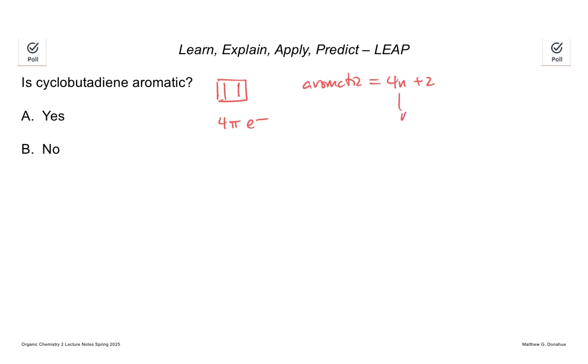So n must be an integer. So, just looking at it, it sort of obeys some of the requirements. It's planar. All the carbons are sp2, it's flat, there's no break by an sp3 hybridized atom. But then as we'll see, the electron count does not match the 4n plus 2. And then when we look at the Frost circle, we'll see that it doesn't fit with that either.